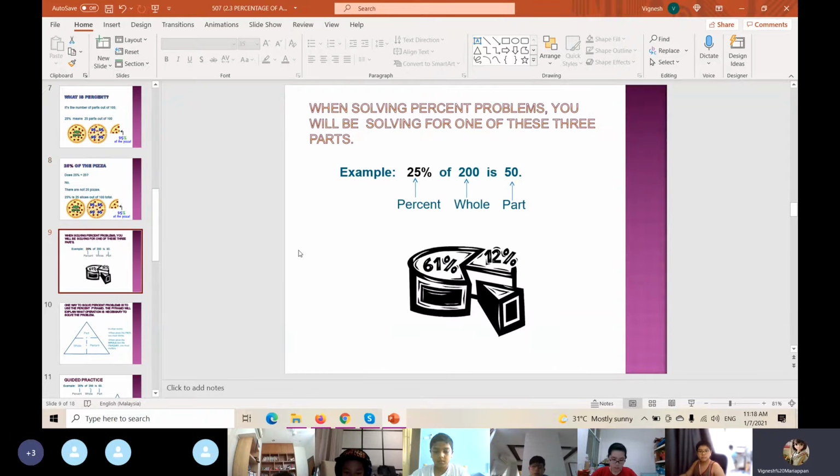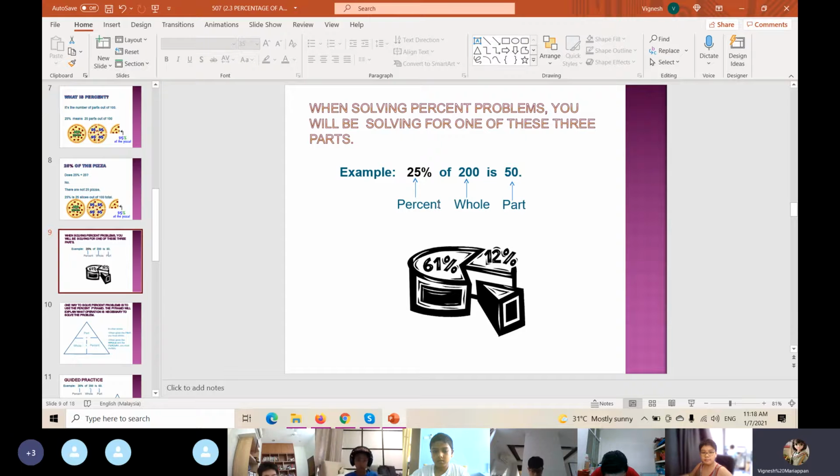The most important thing you need to remember when you are solving percentage problems is that you will be solving for one of these 3 parts. For example, let's say 25 percent of 200 is equal to 50.